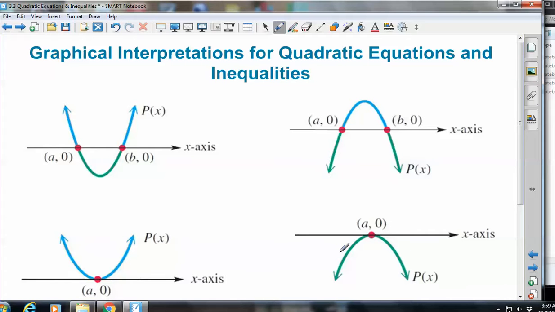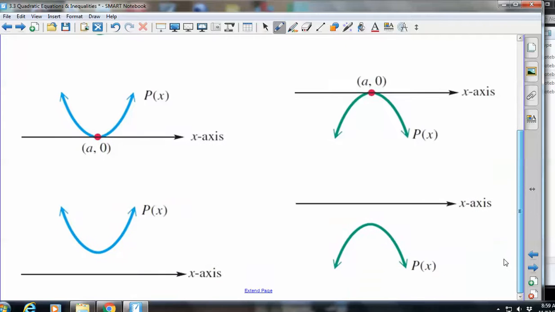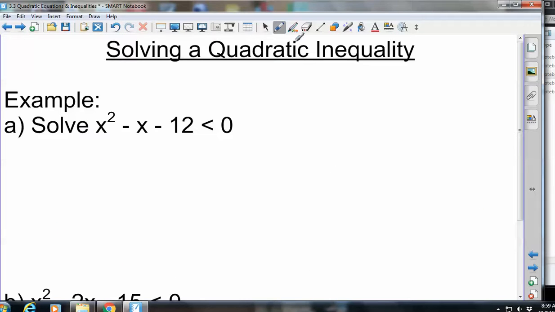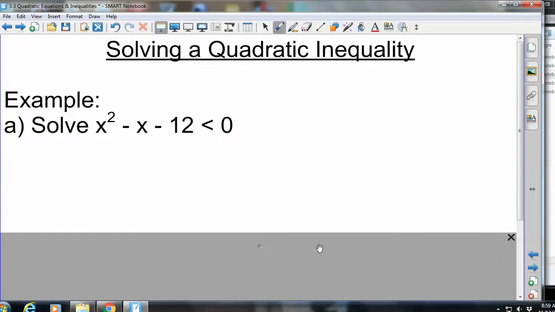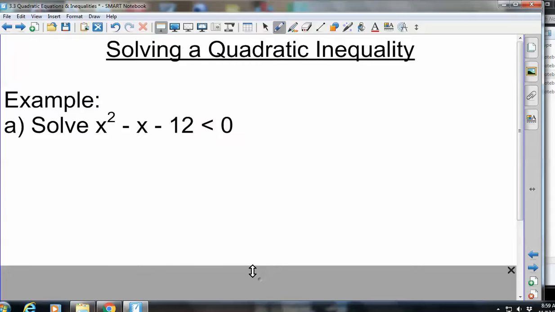So we're going to be talking about these quadratic inequalities, and we'll use the graphs to help us. And like I mentioned before, it is possible to have them that never touch the x-axis. So let's say I gave you this inequality. I'm going to solve x squared minus x minus 12 is less than 0.